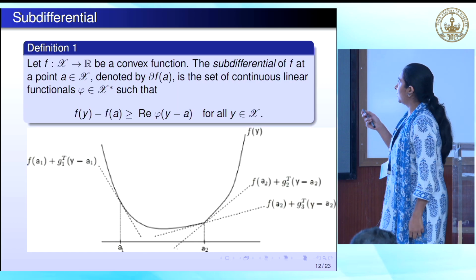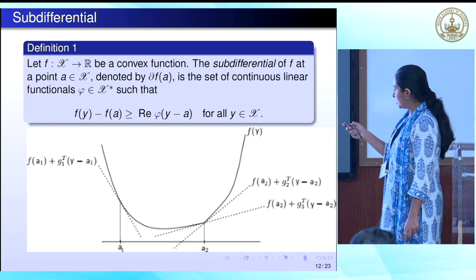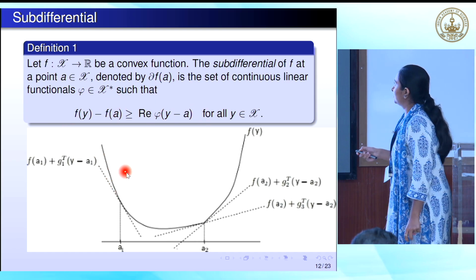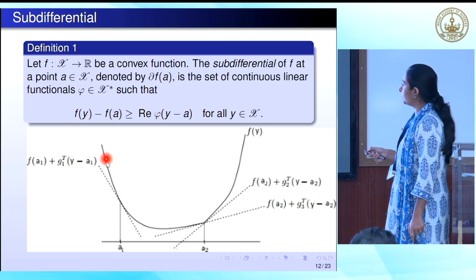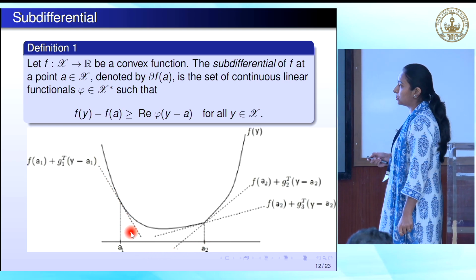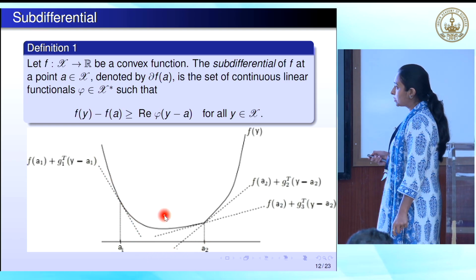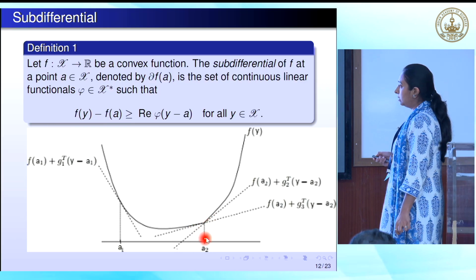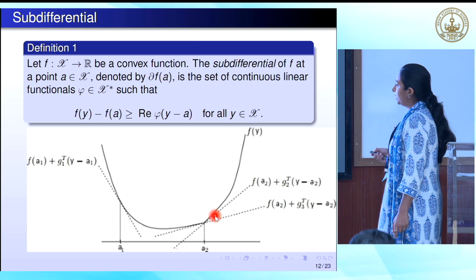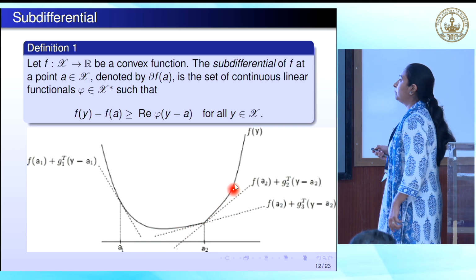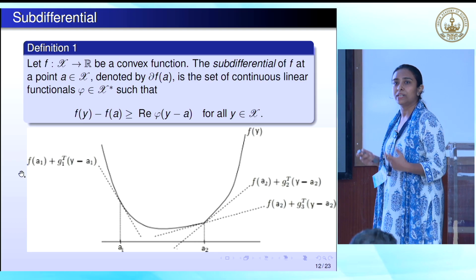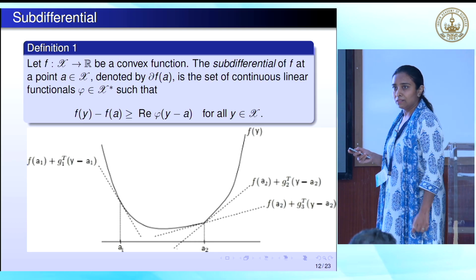So here is the idea of subdifferential. Here is a picture which will make it more clear. Definition you can read later. If everything was differentiable, for example at this point, I have one single tangent. Now this is a convex function, and suppose at this point there is no differentiability, then I would have multiple tangents. What I am really doing is collecting them and forming a set which is known as the subdifferential set.